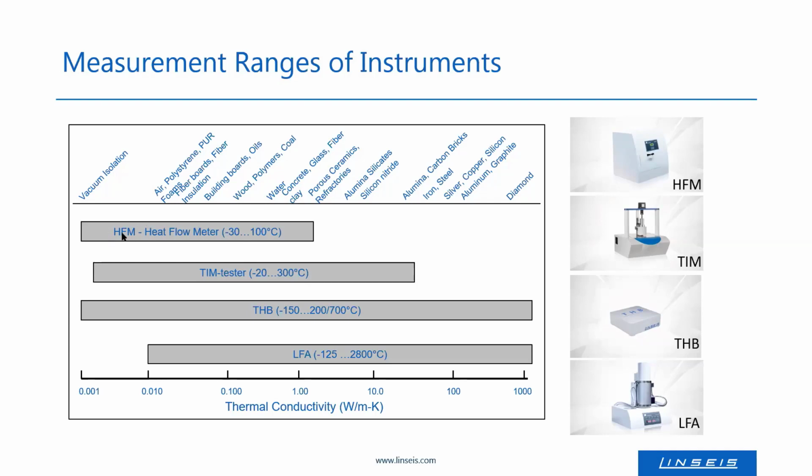Some instruments like the heat flow meter and the thermal interface material tester have a quite restricted temperature range, from low temperature to 100 or 300 degrees, while the hot wire method, Transient Hot Bridge, covers a broader temperature range, and the broadest temperature range is that of the light and laser flash analyzers, from very low temperature up to very high temperature. Obviously, such a broad temperature range cannot be covered by only one instrument, by only one furnace, but there are different furnaces for different temperature ranges.